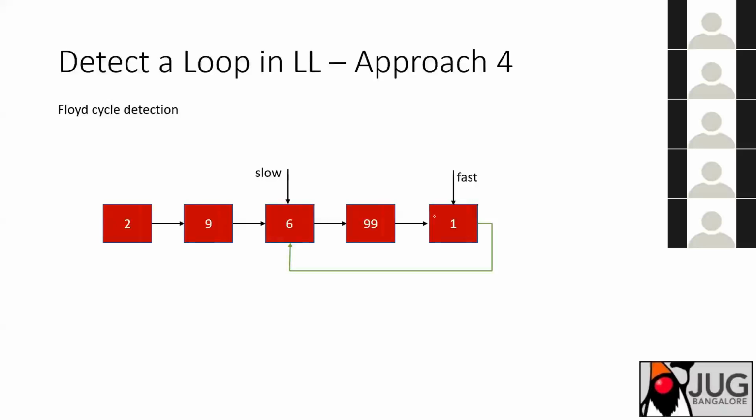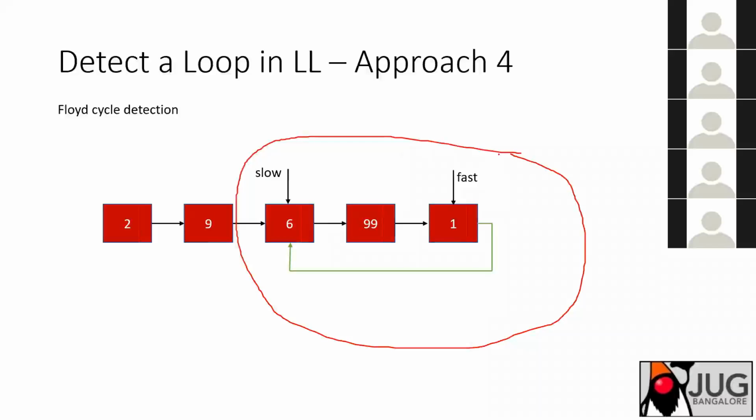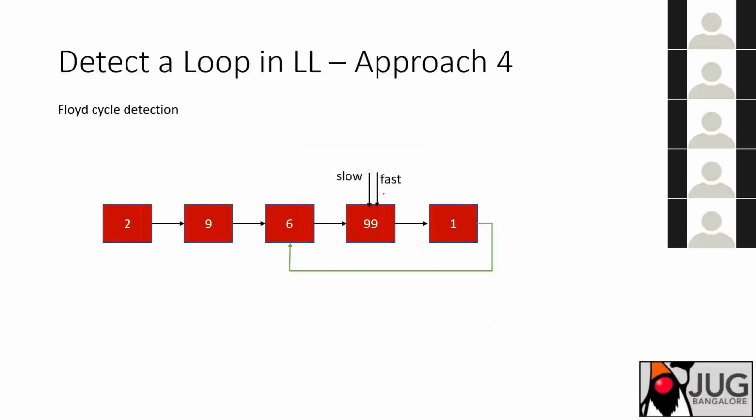The algorithm works in a way that if you have a loop, at a certain point these 2 pointers will meet each other. For example, in the next iteration, slow will come here and fast will move 2 points. It will come to 6 and 99, so they both meet at the same place.